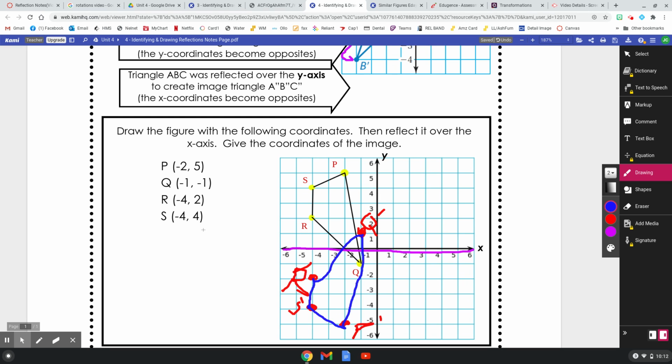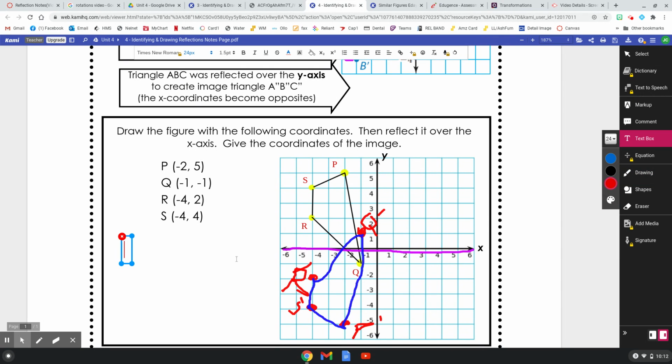So now let's talk about when we write this algebraically. So writing algebraically, we have two options. So when we reflect over the x-axis, we're going to have x, y, where when we reflect, x is going to stay the same and y is going to be the opposite.